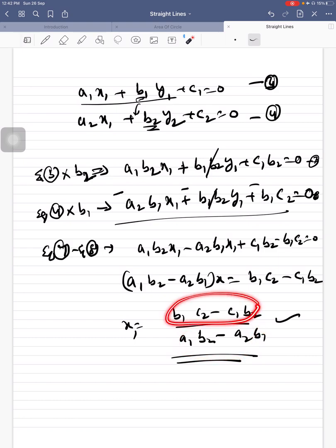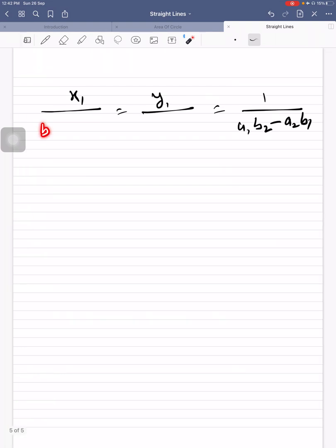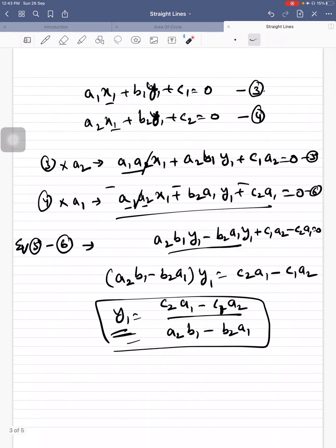For x, the numerator is b1 c2 minus b2 c1.